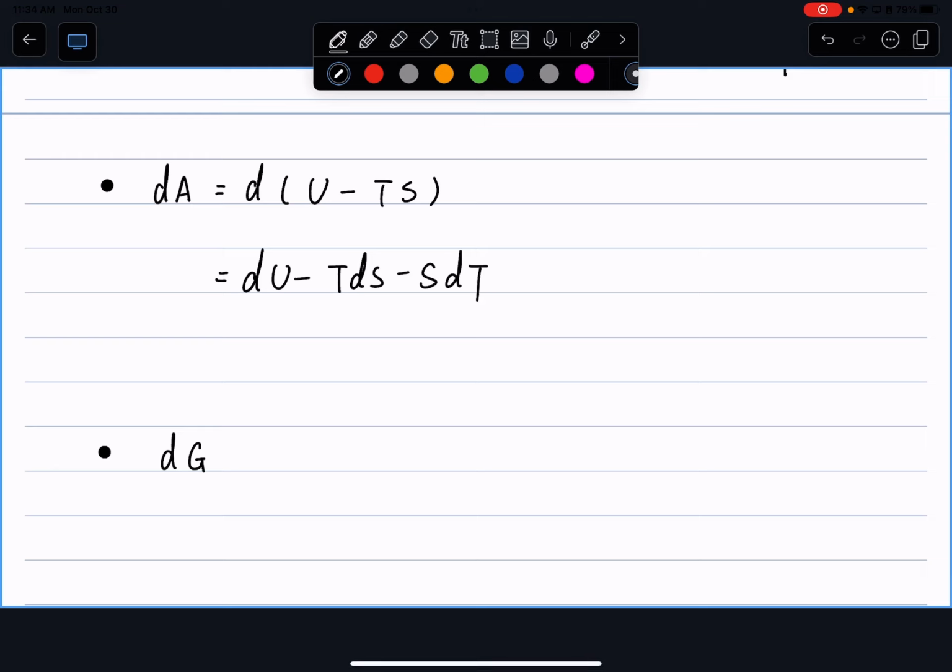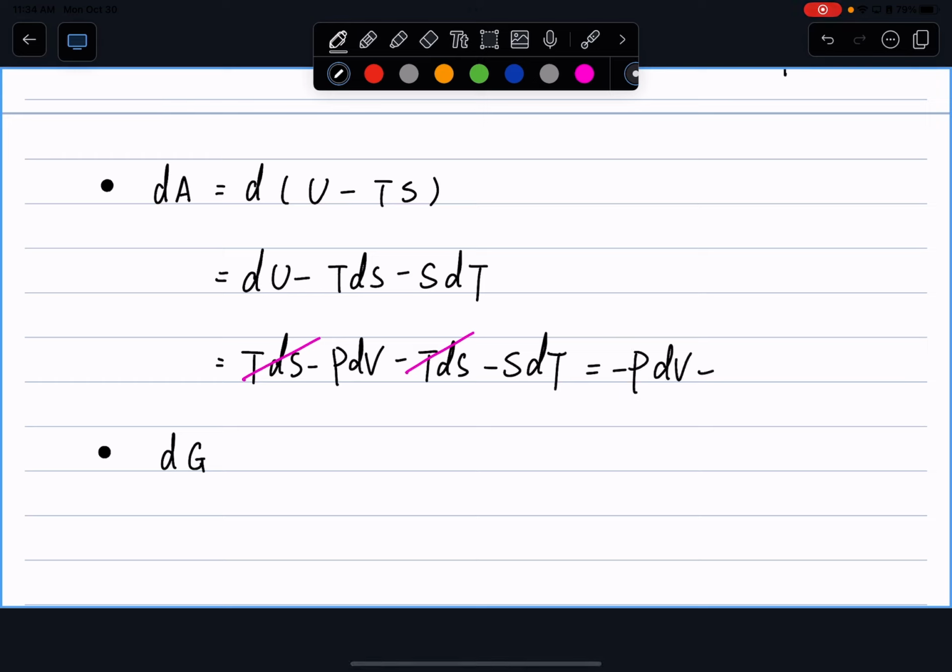With the relationship dU equals TdS minus PdV, we have TdS minus PdV minus TdS minus SdT. These two terms cancel out, and we get dA equals minus PdV minus SdT.